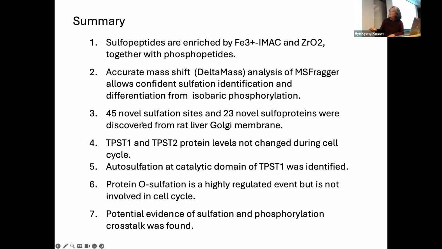Okay, and I didn't really emphasize this during the slide, but in the 4G, mitotic and interphase, I didn't point it out. The phosphorylations are highly regulated during mitosis, but the sulfation remained unchanged.